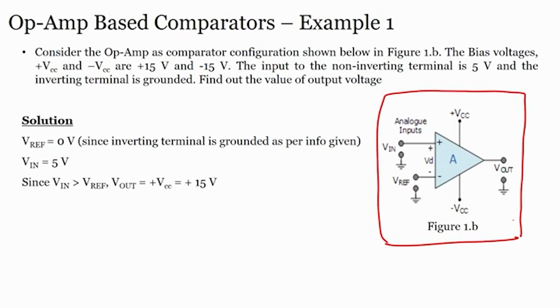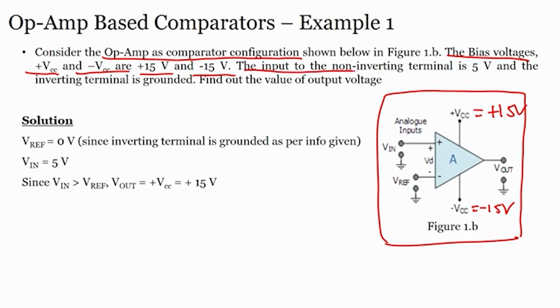Suppose you are given a circuit, and you are asked to consider the op amp as comparator configuration as shown here. You can see the bias voltages plus VCC and minus VCC are plus 15 and minus 15.